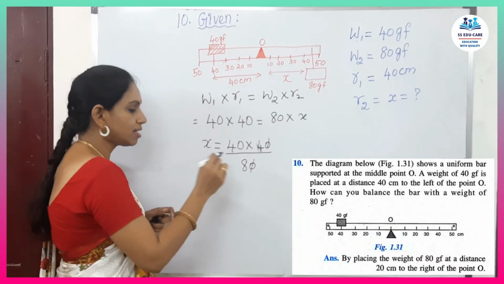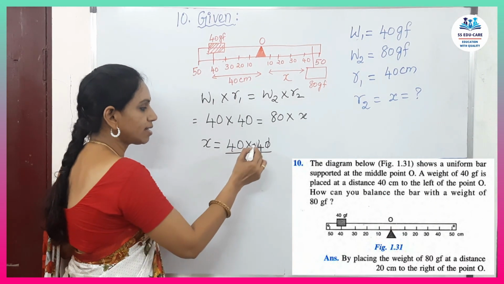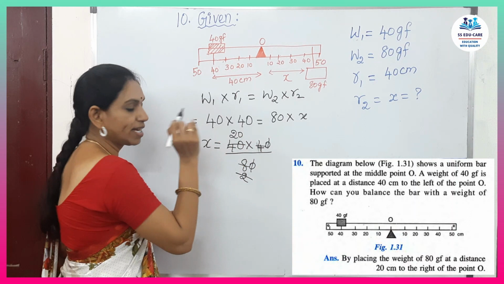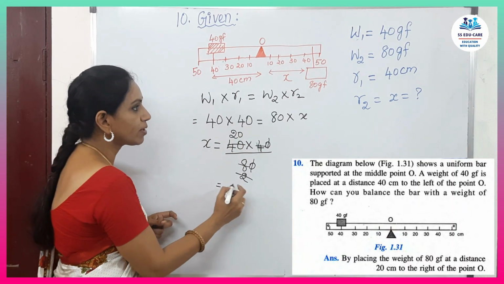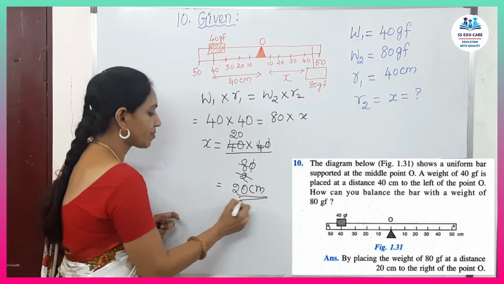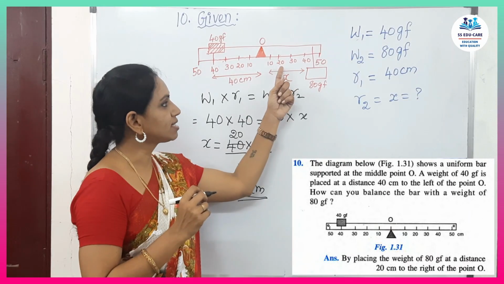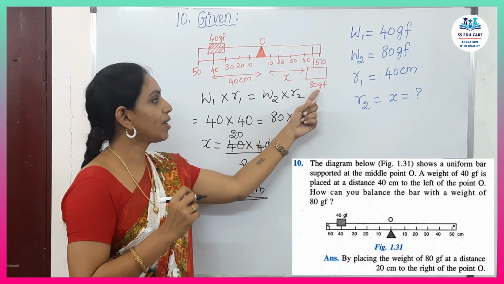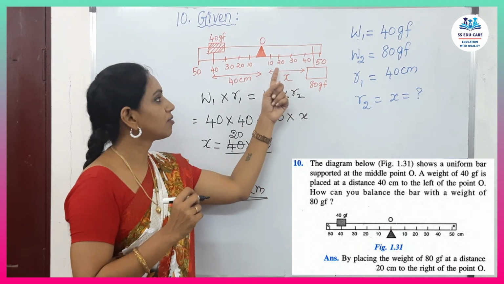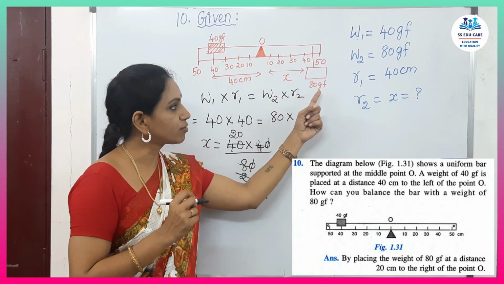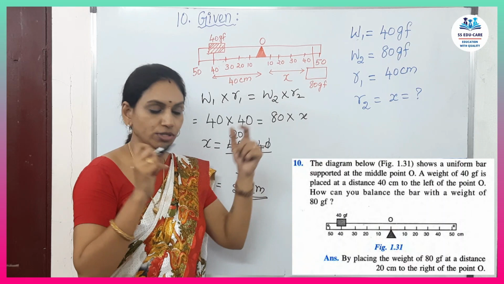I am cancelling this. So this 8, this one 2, and this one is 20. Simplifying, what are we getting? This is 20 centimeter. So at 20 centimeter, exactly the weight should be suspended. 20 centimeter to the right of the pivoted end, we have to suspend this 80 gram force.